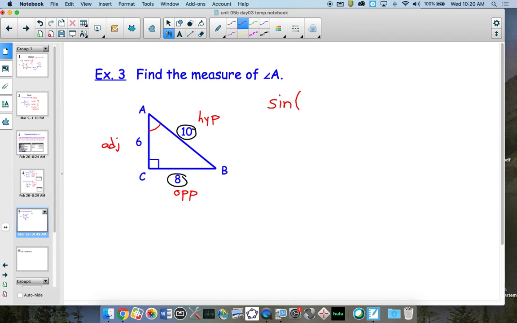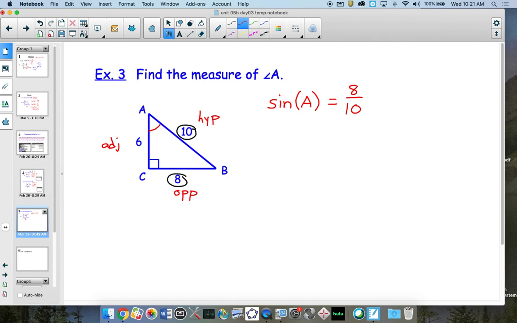So the sine of the angle, this time I don't know the angle, so I'm just writing sine of angle A equals the opposite over the hypotenuse. This is kind of what we did in the first day lesson, and we just reduced the fraction and we were done. But now I'm going to show you how we can actually figure out what that angle A is.